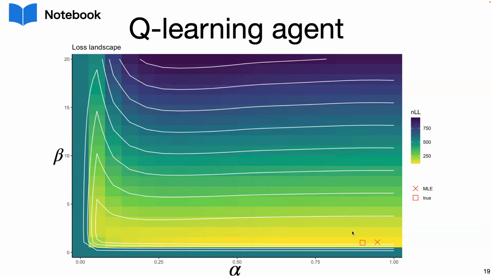The best estimate is not exactly at the true parameters, but quite close. This shows that choice behavior is stochastic, and the maximum likelihood estimate is never guaranteed to give you exactly the true generating parameters. There's always going to be some noise in this process. This is an idea of what that loss landscape looks like, and how the lowest values are quite close, but there's still quite a lot of variability.